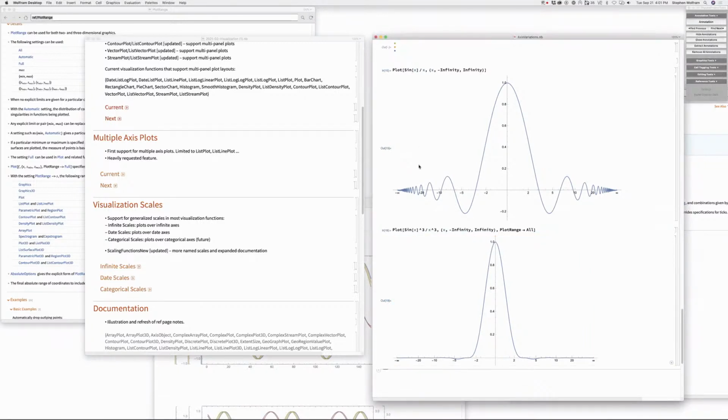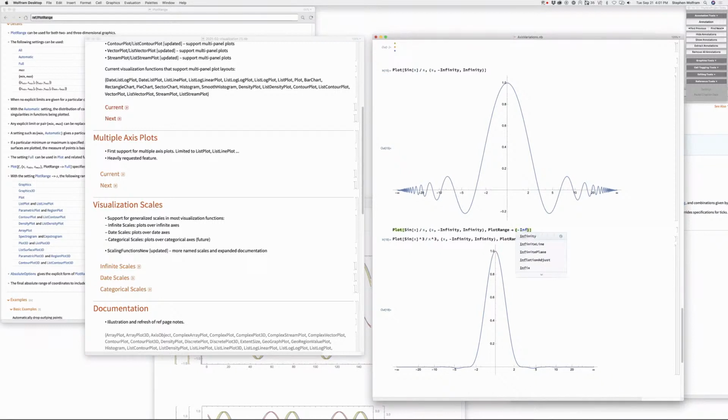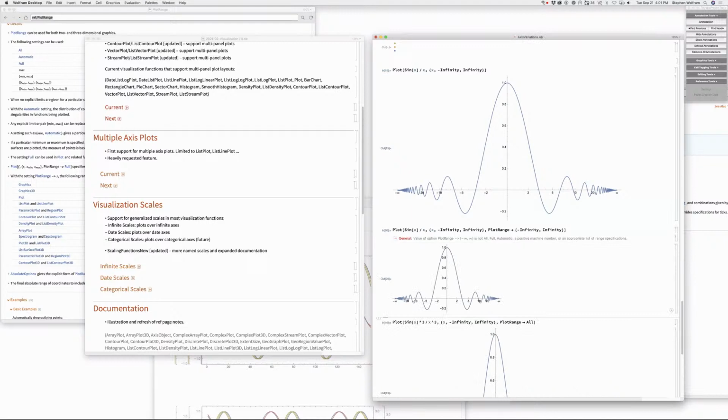I'm not sure I have any particular comment other than that looks like it's working quite nicely. I mean, what would happen if I said on here, plot range, arrow, minus infinity to infinity. We can't do that yet. Well, we can.